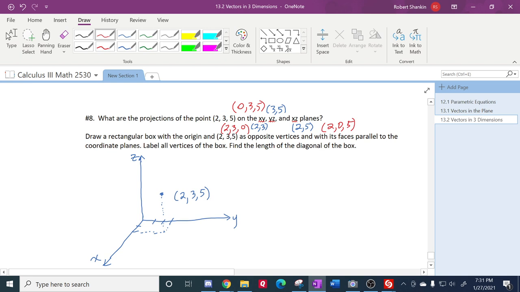Okay, let's go to the second part of this. Draw a rectangular box with the origin and 2, 3, 5 as opposite vertices, and with faces parallel to the coordinate planes. Label all vertices of the box and find the length of the diagonal of the box. Let me give you a little bit of time to do this on your own.